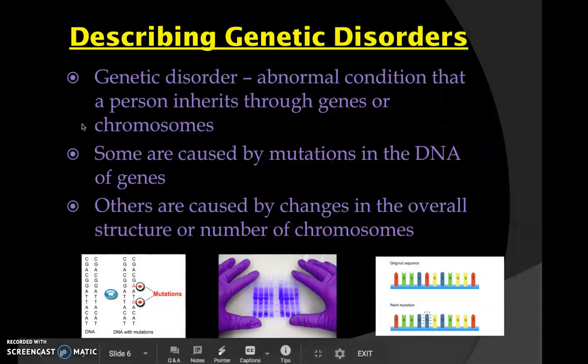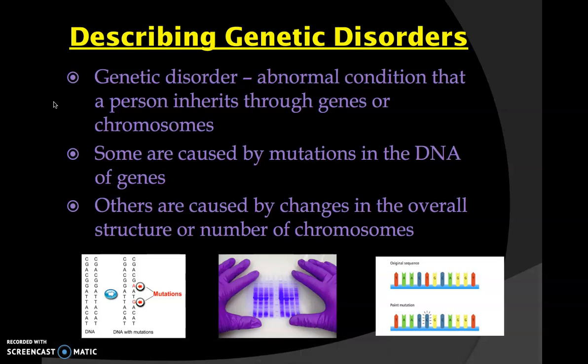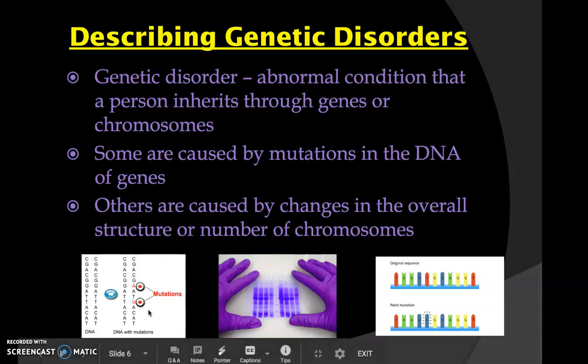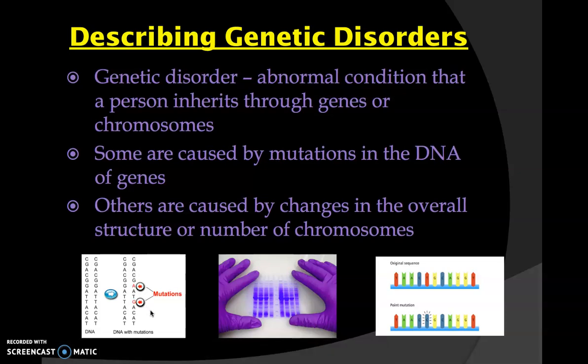Okay, first of all, I want to talk with you about describing genetic disorders. A genetic disorder is an abnormal condition that a person inherits through their genes or through their chromosomes. Some genetic disorders are caused by mutations in the DNA of the genes. So something goes wrong in the DNA as it's forming.